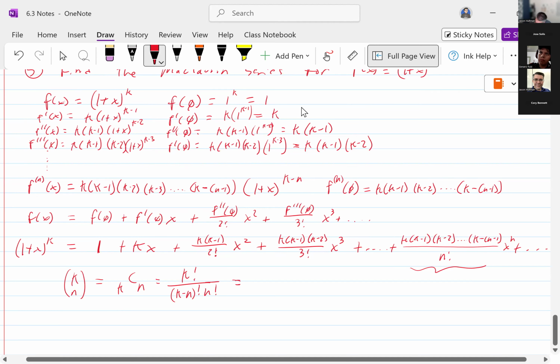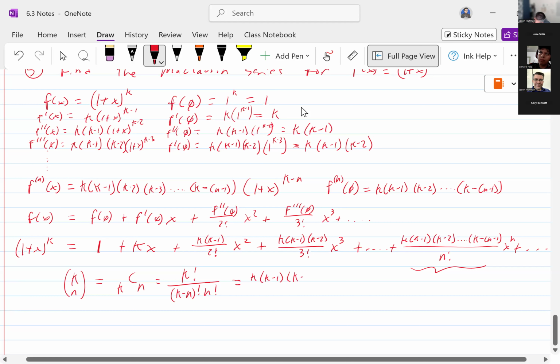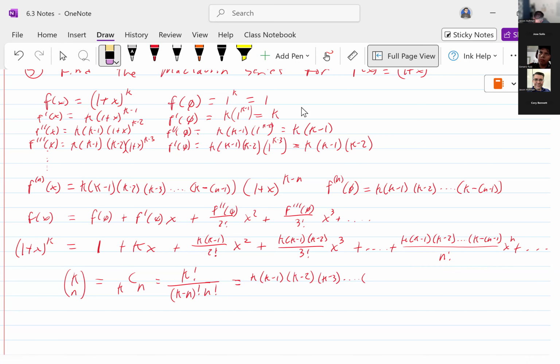So this is going to be k times (k minus 1) times, because what is k factorial? Isn't that k times (k minus 1) times (k minus 2) times (k minus 3) times dot, dot, dot, and I'll bring this all the way down, so you can see how this is going to cancel out. Everything below k minus n is going to be gone on the top, and then just n factorial will be left on the bottom.